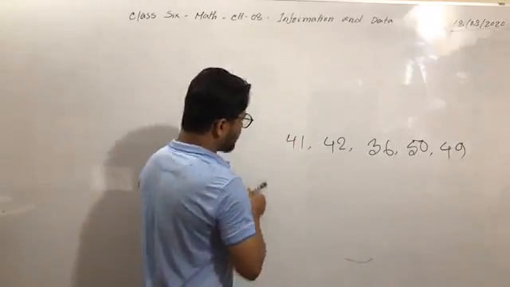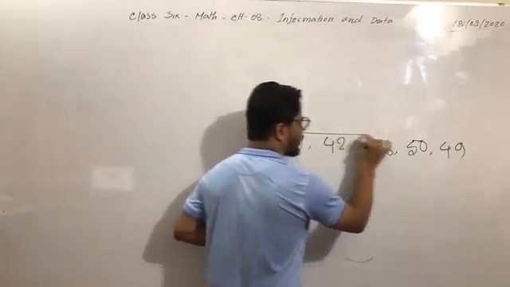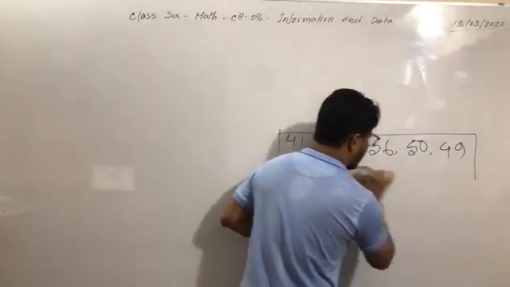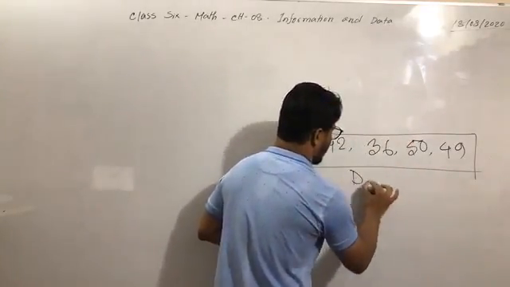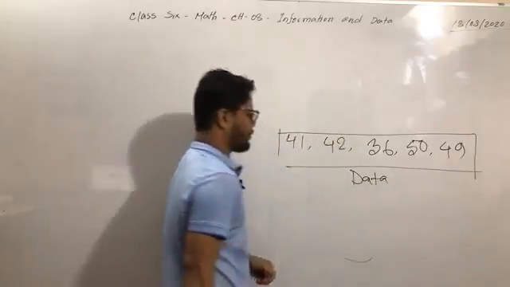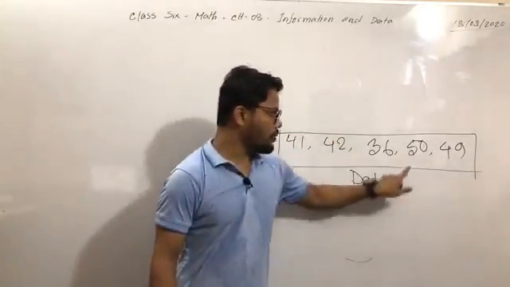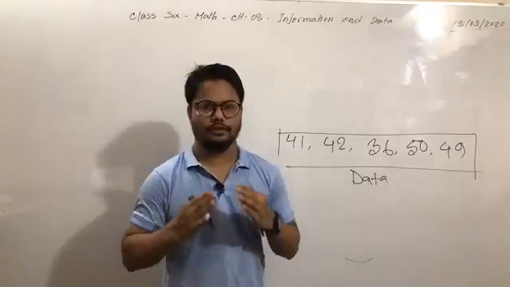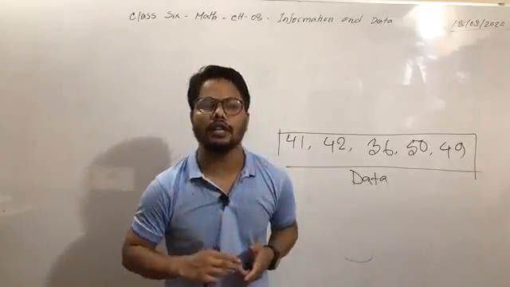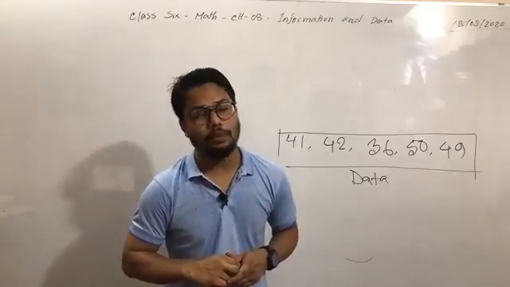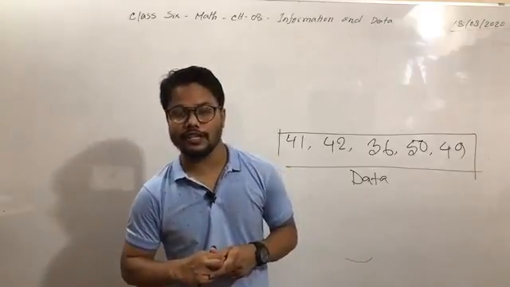If this 5 information is given here, this is basically numerical data, or we can write here number data. Now you may ask, is it organized or unorganized? You have to know the definitions of organized and unorganized.